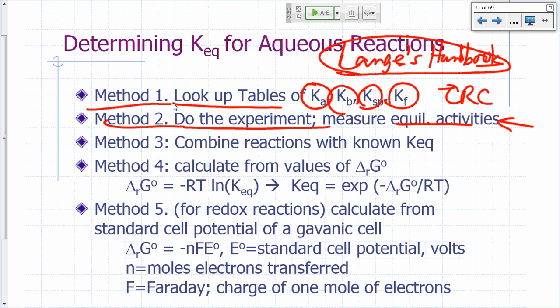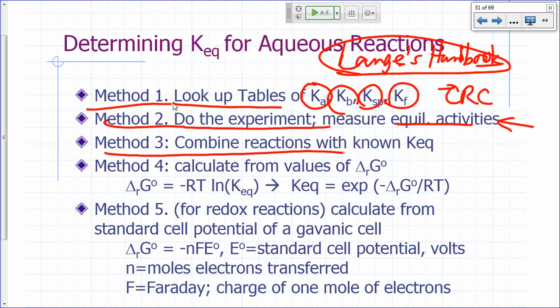So chances are when you do this in the freshman lab, at least, you're not going to get very good agreement with the literature values that you find in the handbooks, okay? And that's partly because we're making approximations when we use molarities for activities.